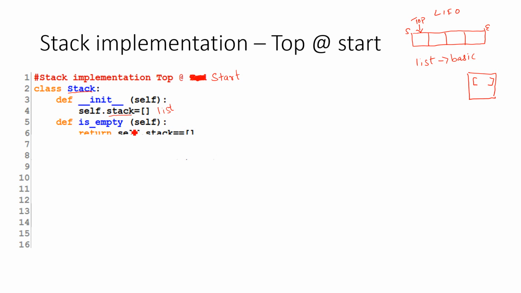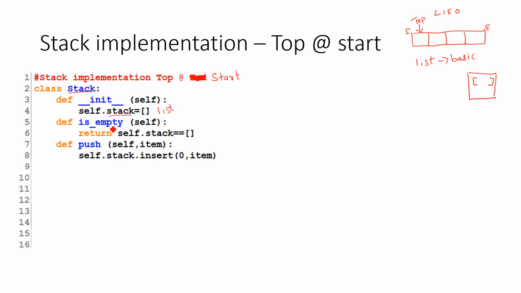Next, to implement the stack operations, what we have is called is_empty. is_empty will check whether the stack is empty or not. This we implemented with the help of a Boolean function where we use a relational operator to check for the emptiness of the list. If the list is empty, it will return true, otherwise it will return false.